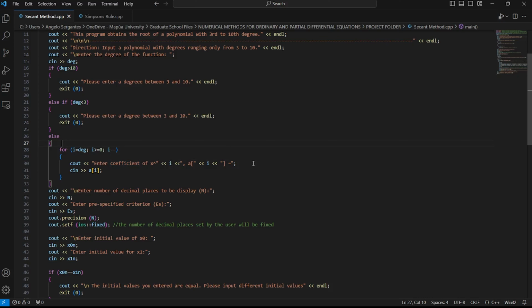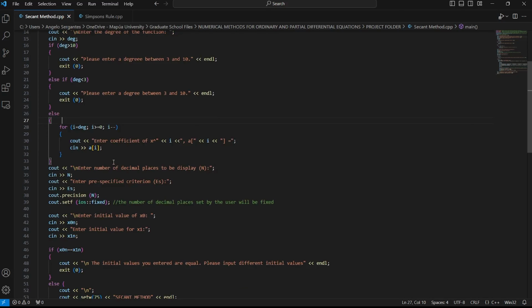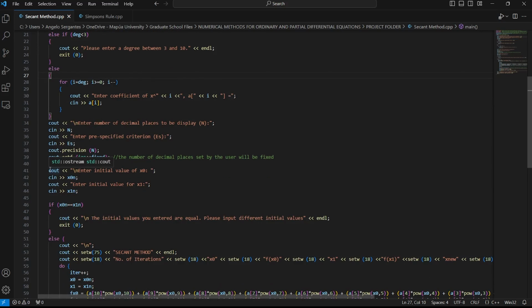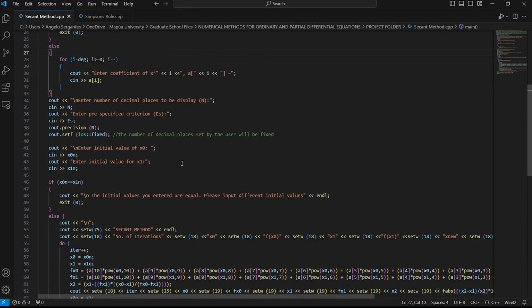For example, if we put a degree of 3, we will see on the screen the input for a sub 3, or A3, A2, A1, and so on. And for cout, we will enter the decimal places to be displayed. What will be the number of decimal places the user wants? Then this part declares the initial values for x sub 0 and x sub 1.